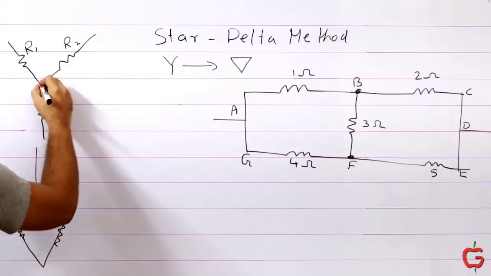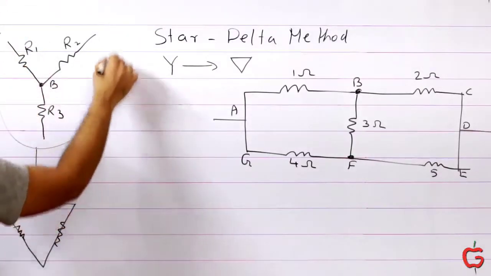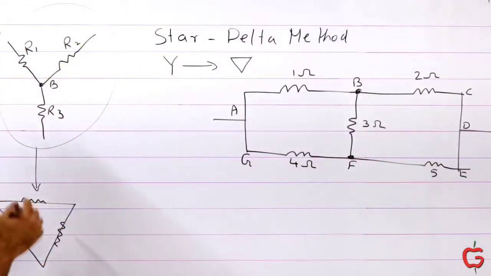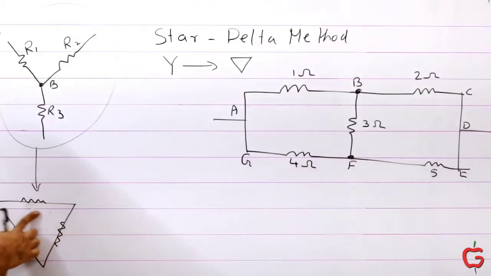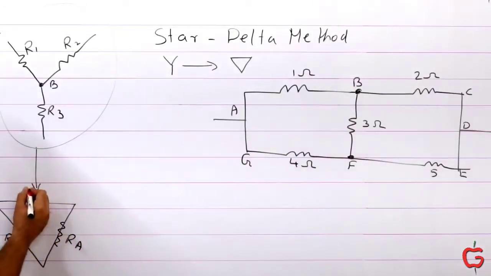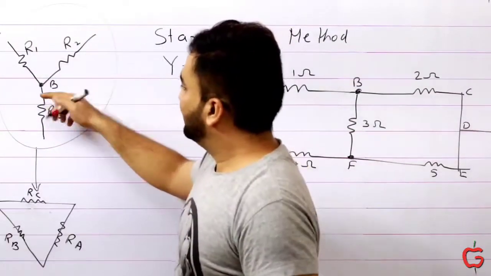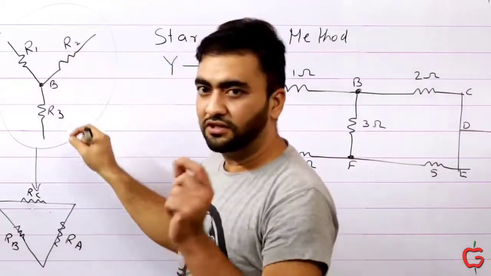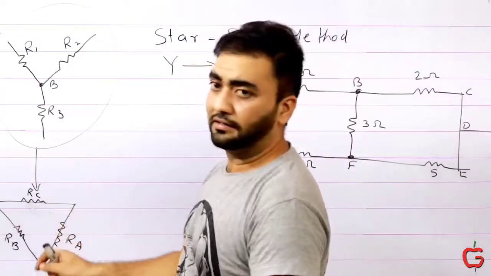So here instead of junction B, we convert this whole circuit into this way, delta B. Let me write them as RA, RB and RC. So we are going to convert a 3 resistor junction into a triangular resistance circuit.